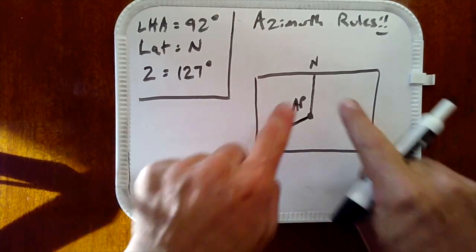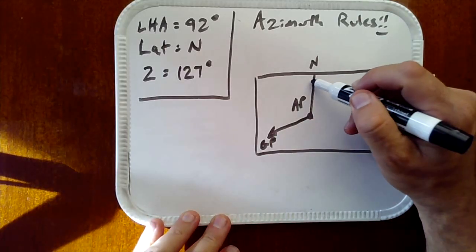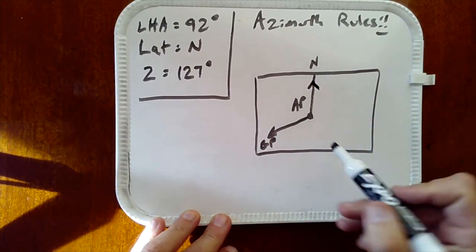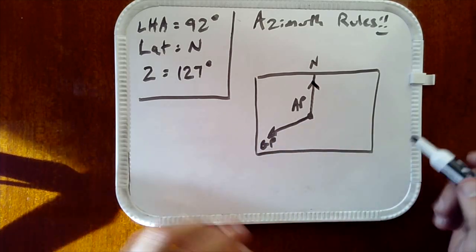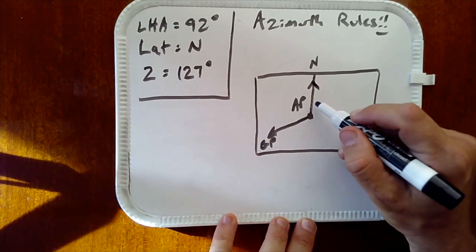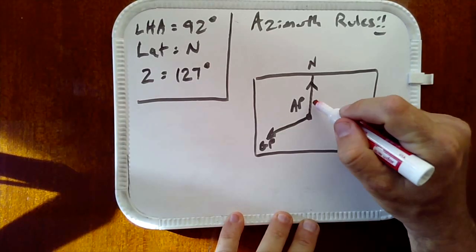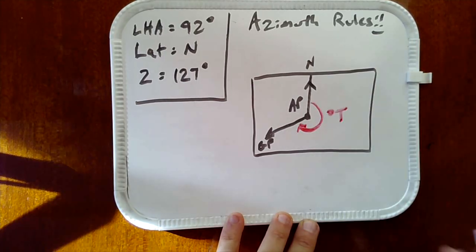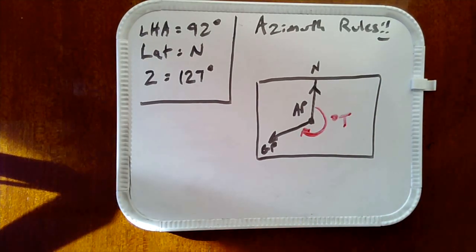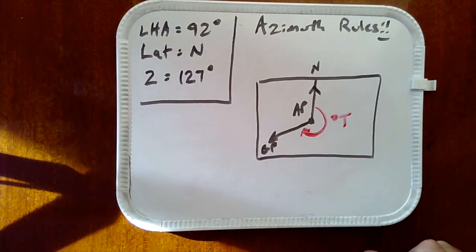So if we were to zoom into a more human scale size chart of the assumed position, you might say that the North Pole is straight up and the direction to the GP from the assumed position is like that. We ultimately want to know what this angle is right here. This is a compass angle, a degrees true that we could just measure off our compass or put on a chart, and then we could take our dividers and our parallel plotters and actually plot that on a real chart.